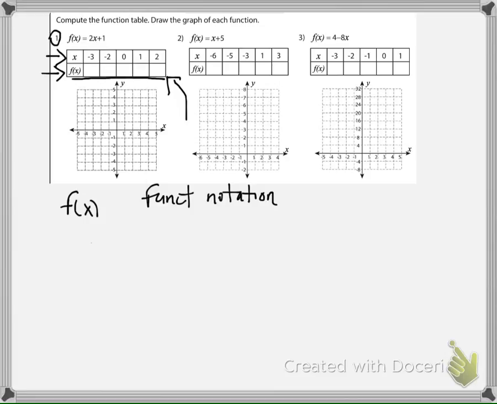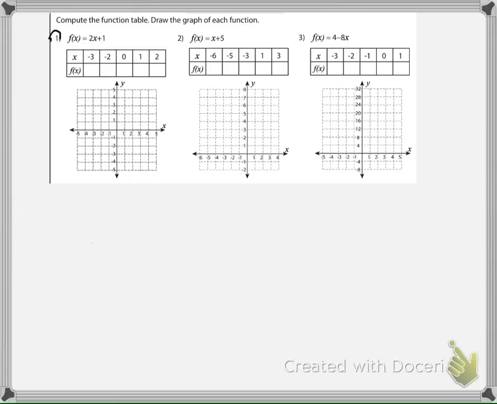So f at x means the function evaluated at x. That's a mouthful for somebody who's just learning this. So for now, just think of f of x as another way to represent the variable y, the output value.